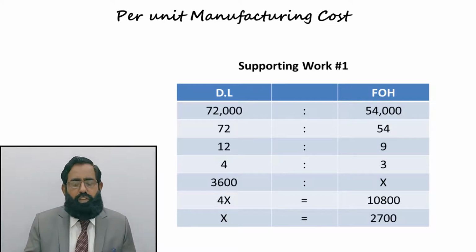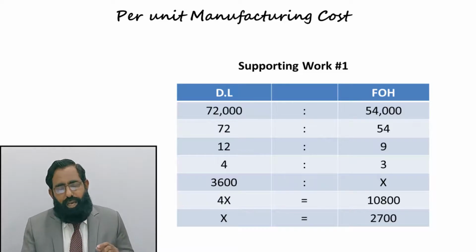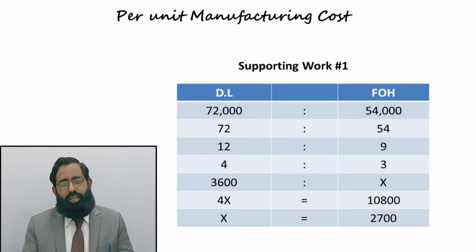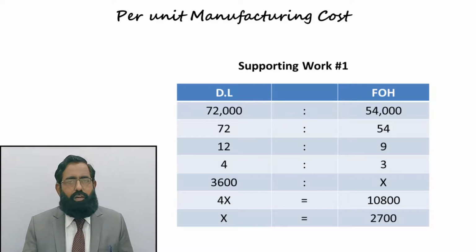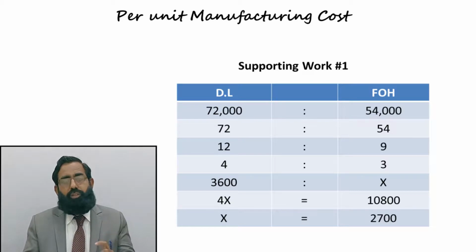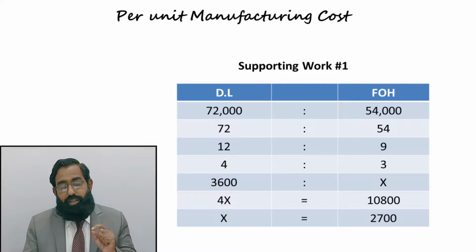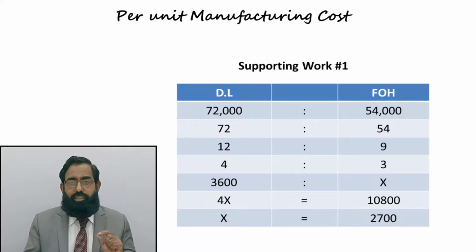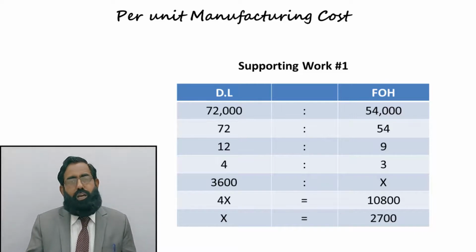और अगर डायरेक्ट लेबर की वैल्यू 36 होती है तो FOH की वैल्यू क्या होगी? दिस इज X। यू नो X इज अननोन वैल्यू। वर्क इन प्रोसेस की क्लोजिंग इन्वेंटरी के अंदर 3600 की डायरेक्ट लेबर है। अगर डायरेक्ट लेबर 4 हो तो FOH 3 होती है। अगर डायरेक्ट लेबर 3600 हो तो X की वैल्यू क्या होगी?